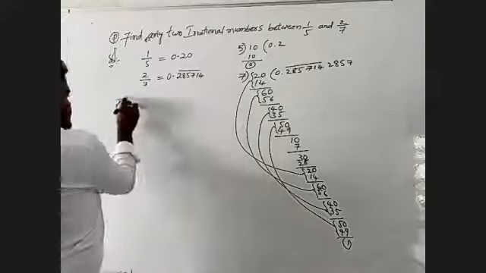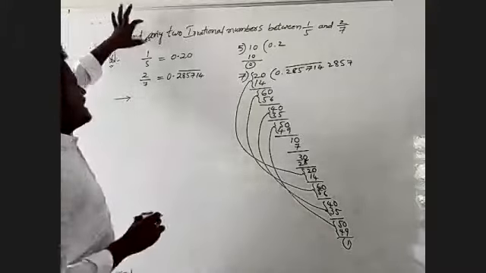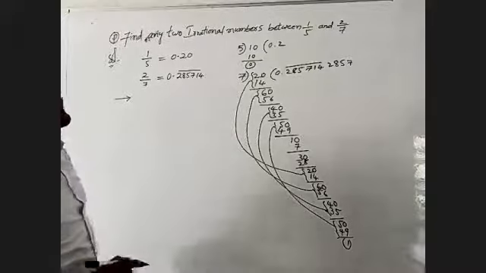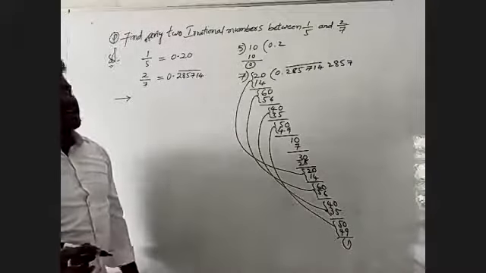That means we find any two irrational numbers between 1 by 5 and 2 by 7.